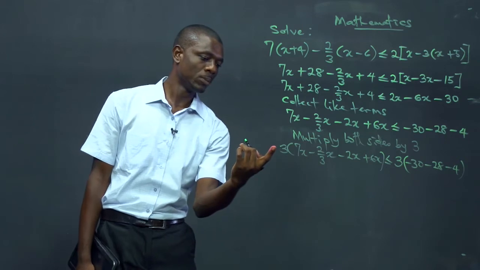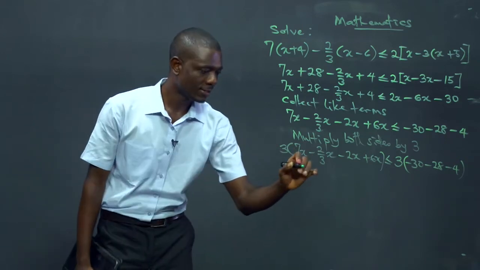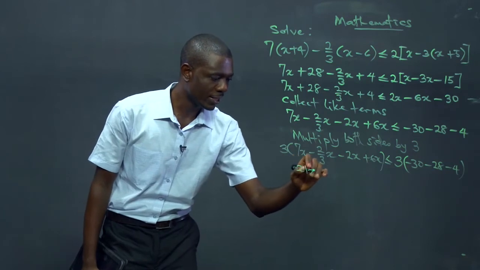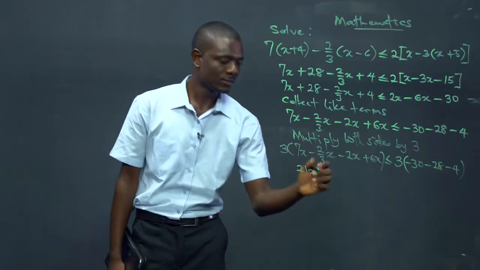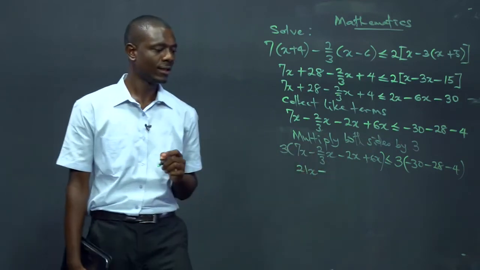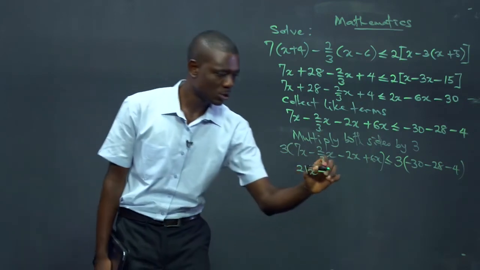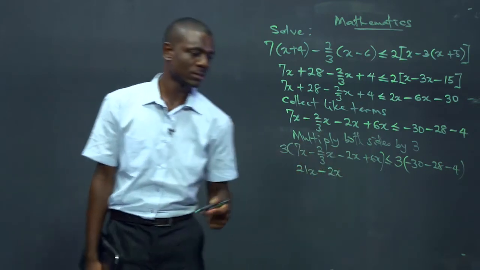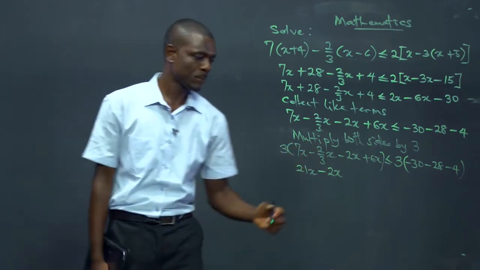So now, plus times plus, plus 3 times 7x would give 21x. Plus times minus would give minus. 3 times 2 over 3x, we have already seen, gives 2x, because 3 would take care of this 3, you'll be left with just 2x.